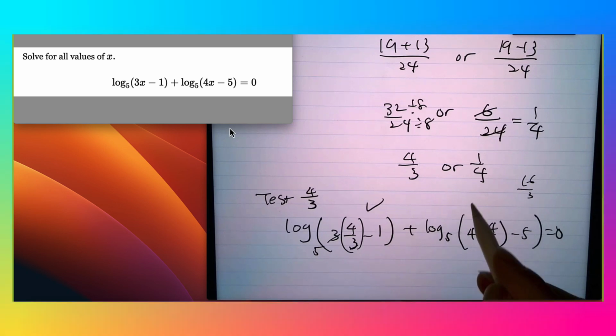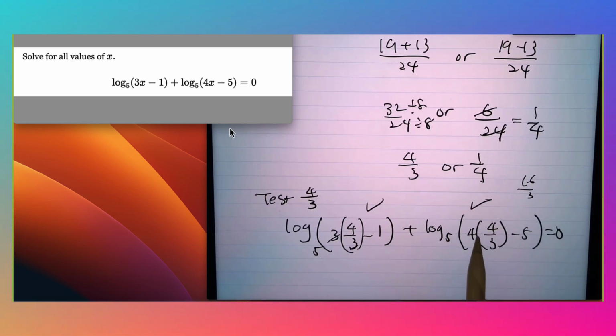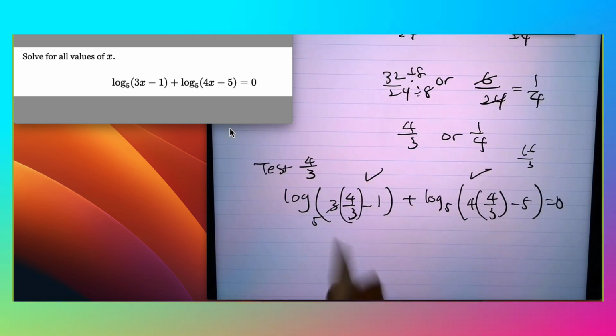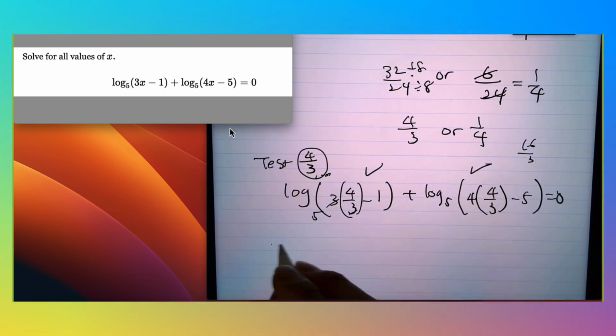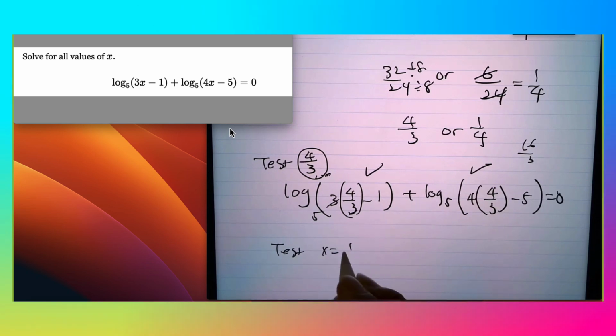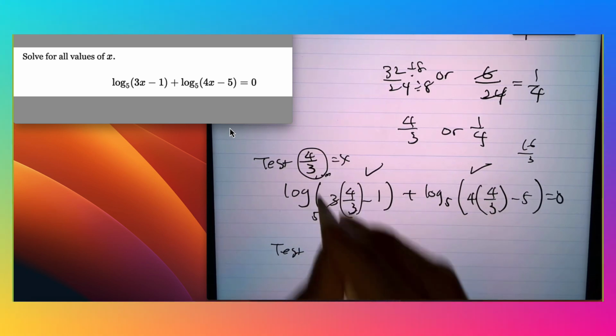When you get a positive argument in the log function, you're in good shape. So 4 over 3 should work. We'll double check with our calculator. Now let's test x equals 1/4. By the way, this other one is x equals 4/3.